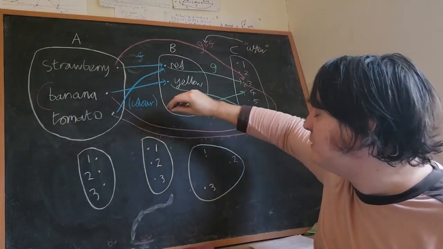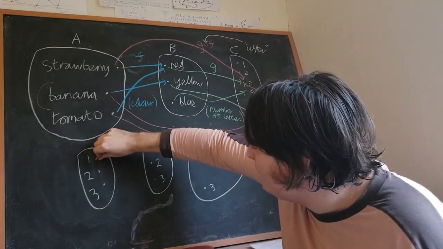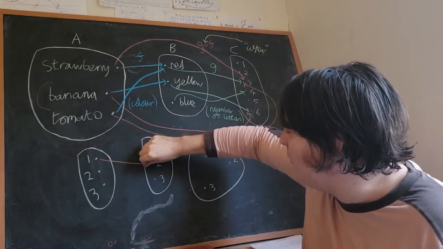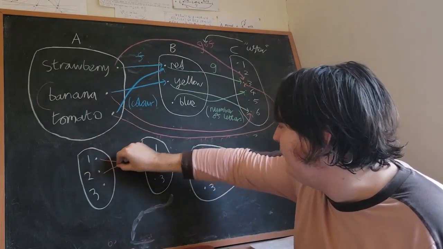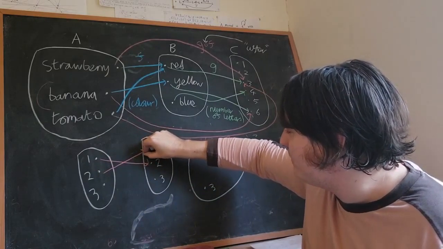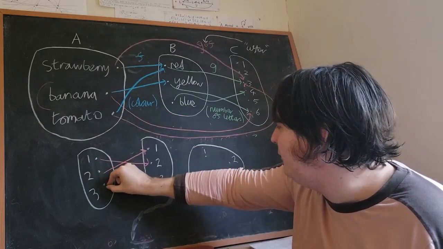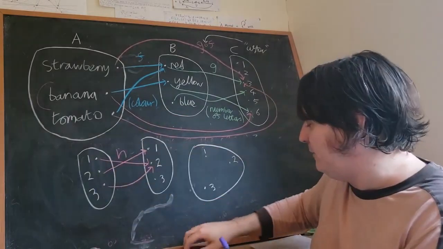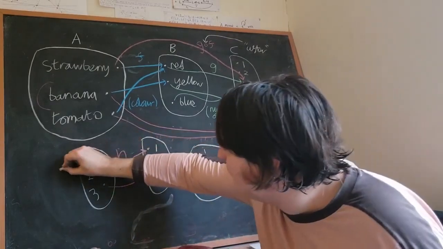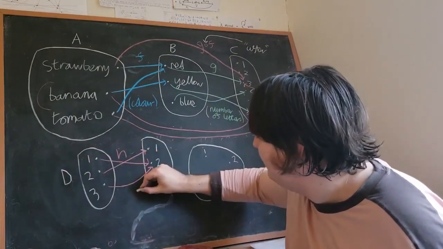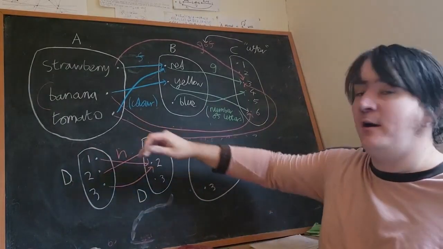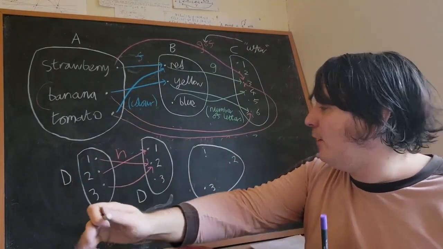So this is a very interesting idea. Let's say we have a function like this that sends 1 to 2 and it sends 2 to 1 and it sends 3 to 2. Let's call this function h from this set D to this set D. So this is a function from a set to itself.